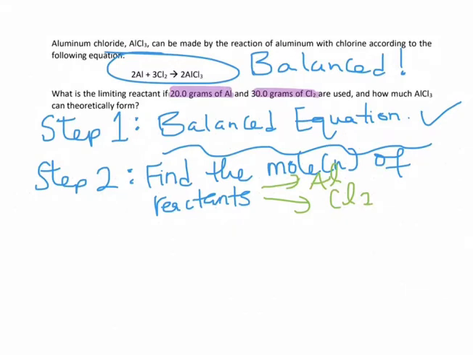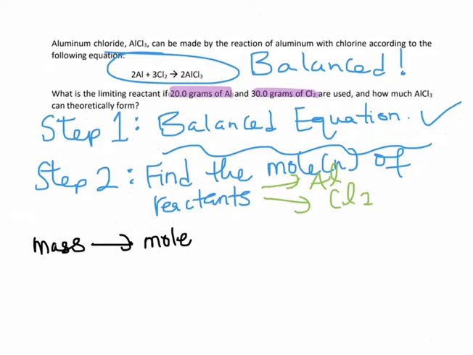So to convert mass into mole, you need to remember, to convert mass into mole, what you need to do is you need to have your mass over molar mass.